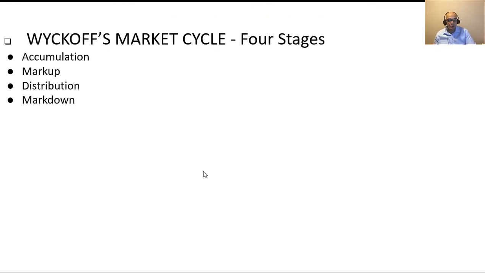We also went through the market cycles, the four stages: accumulation, markup, distribution, and markdown, and I showed exactly how to define them. I also showed you how to use them to understand, at least mentally right now, when you think about a trade, and how you're gonna use this information to manage the trade. And before you manage the trade, you need to manage yourself, which is your expectation.